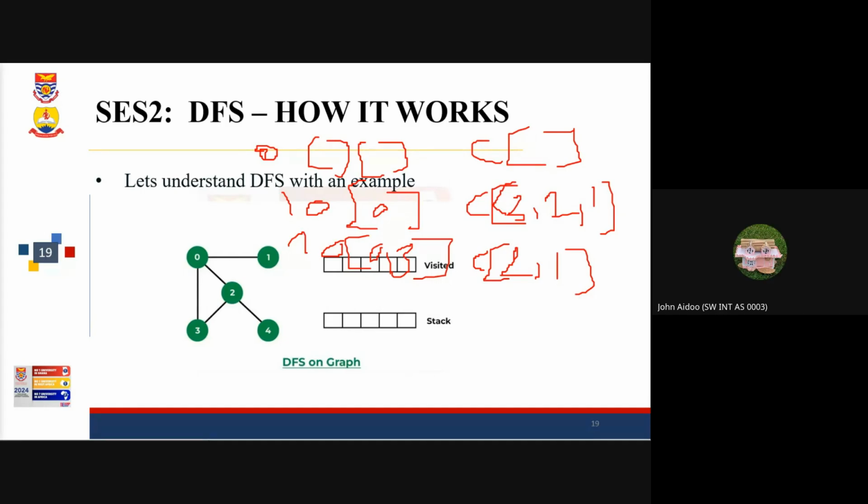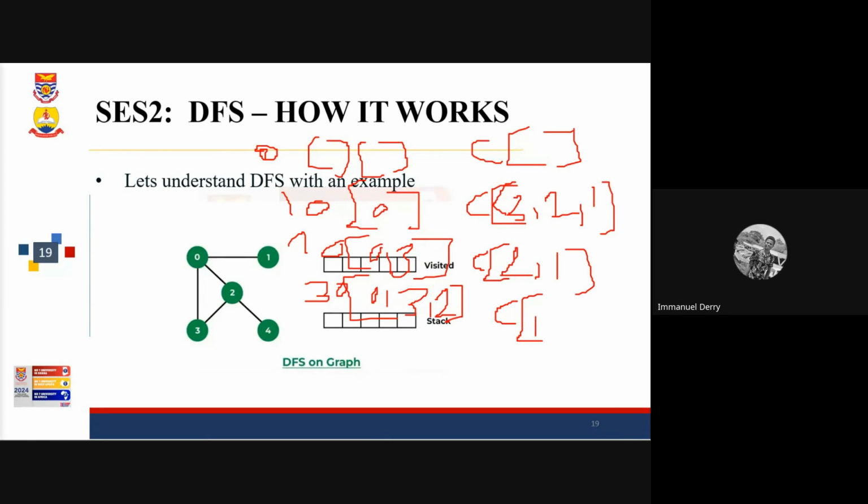So now moving on to the third step, which is 3. Our open is going to be 0, 3, 2. And our closed is going to be, who can tell us? 4 and 1.